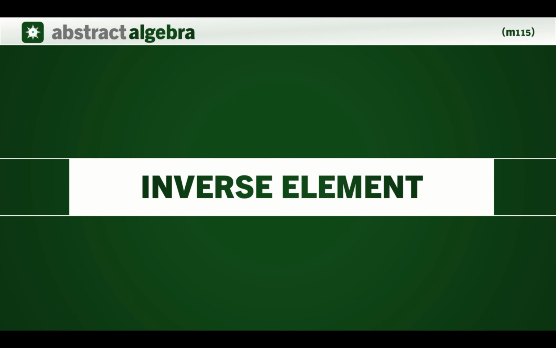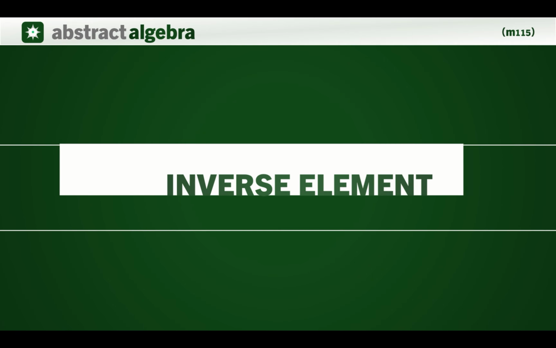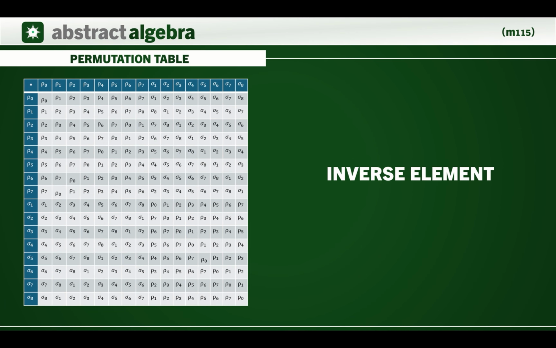Next, we are going to find the inverse element. To find the inverse element, first we are going to find the identity element. So, these are the identity elements. This, also this, also this, also this, and also this.